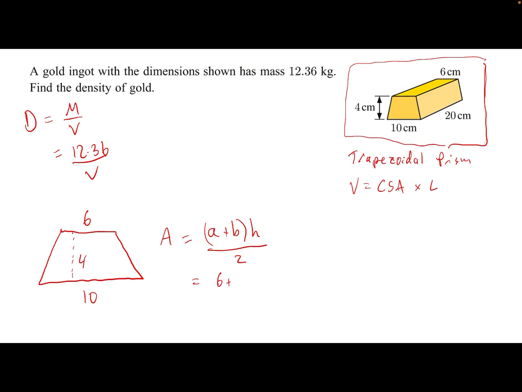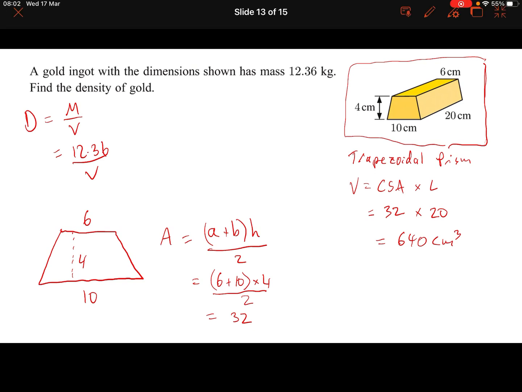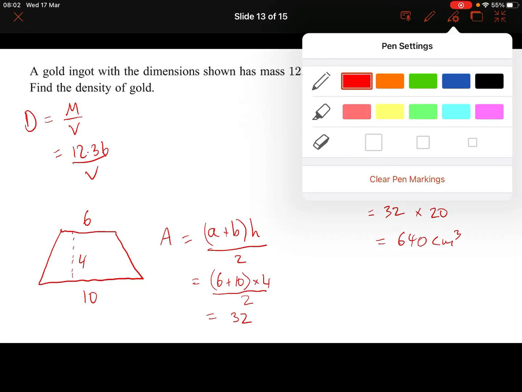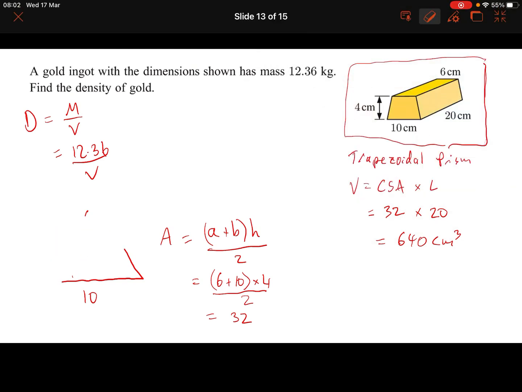So 6 plus 10 times 4 divided by 2, which is 32, I believe. So the area of the trapezium is 32 centimeters squared, times the length, which is 20, is going to become 640 centimeters cubed. So I have now been able to work out the volume of the trapezoidal prism.